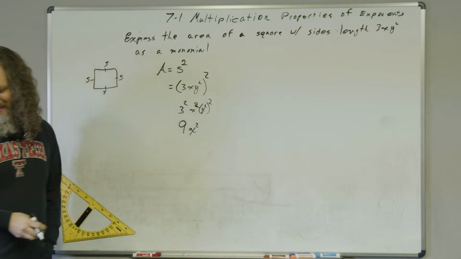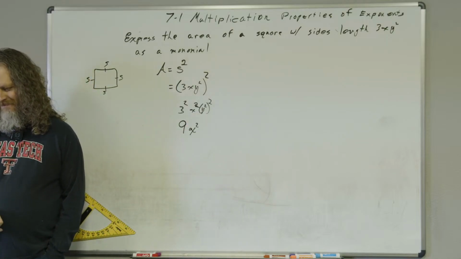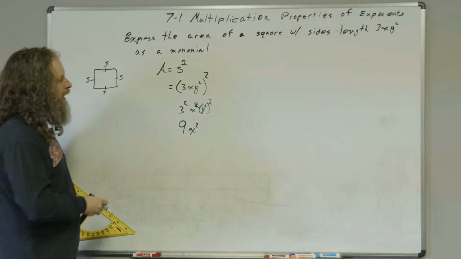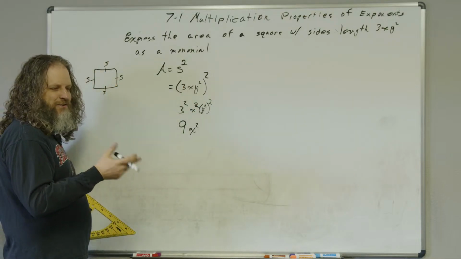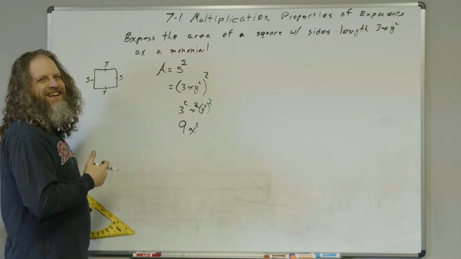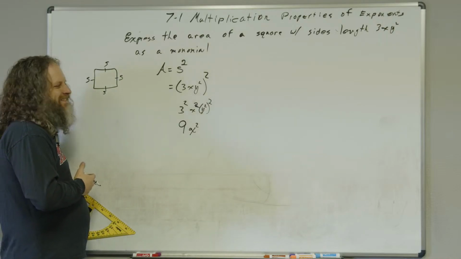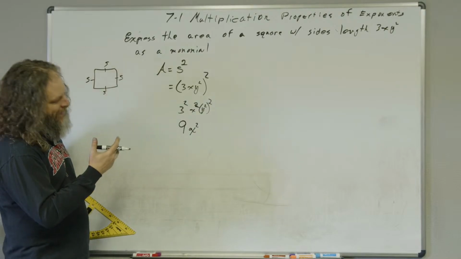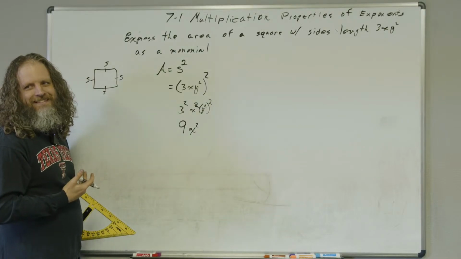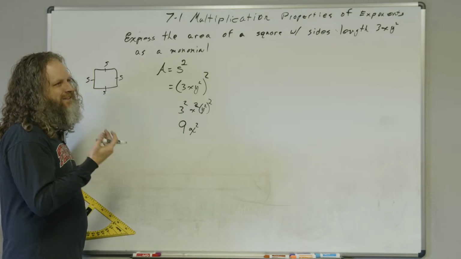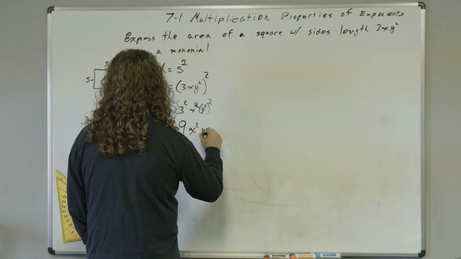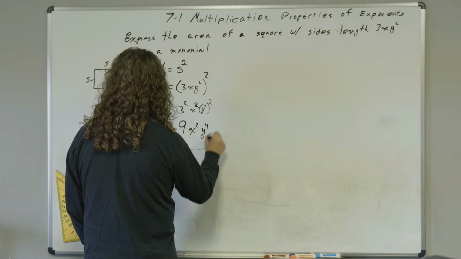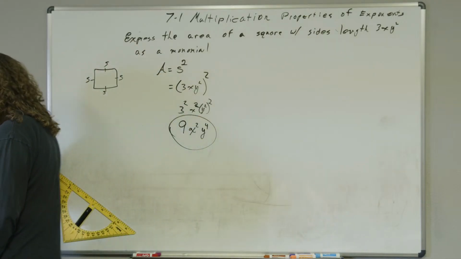Right, which property is that? Power to a power. So what do we do with those? It should be in your notes, maybe a page back. 2 times 2. In this case, it ends up the same number as 2 plus 2, but that's like 1 in an infinite. So y to the fourth. There we go. We did it.